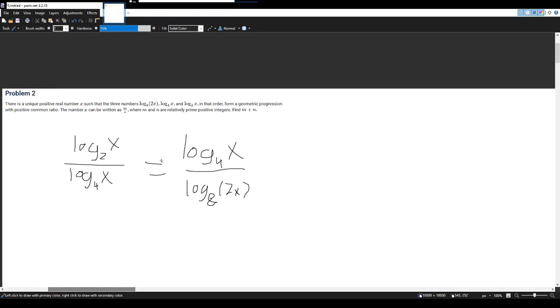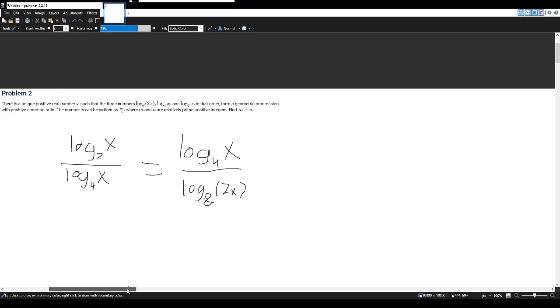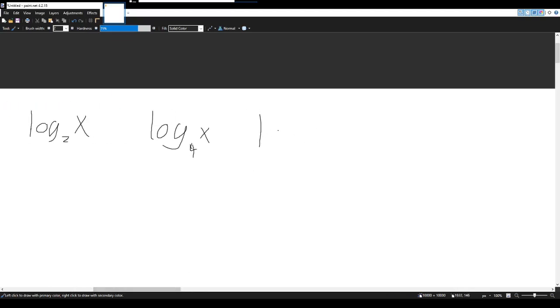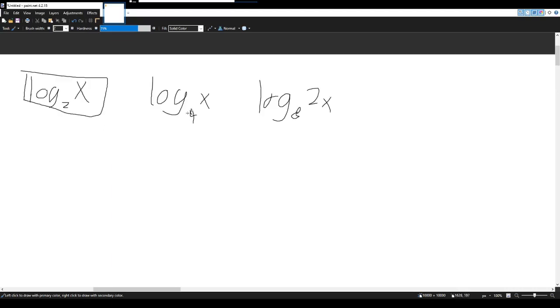Given that they're all powers of 2, let's convert them all to log base 2. So we'll rewrite them: log base 2 of x, log base 4 of x, and log base 8 of 2x.